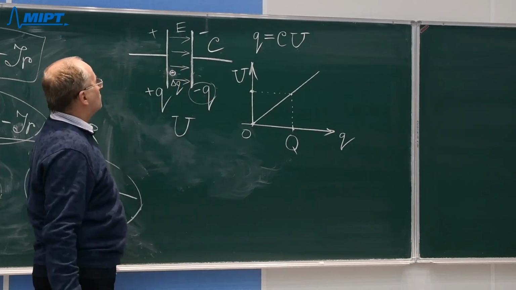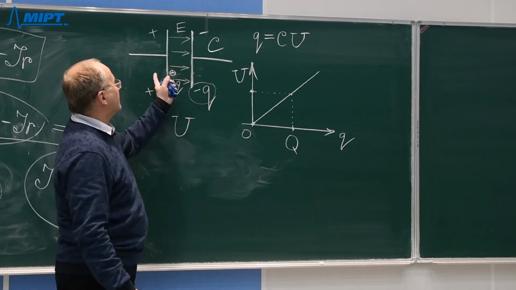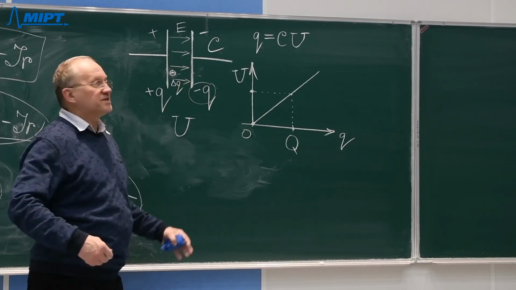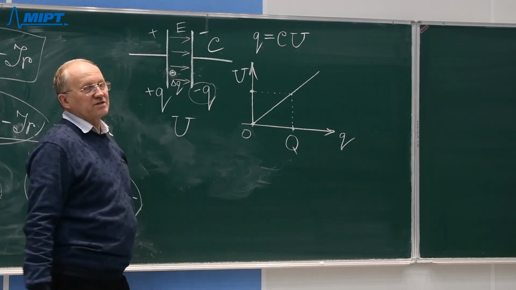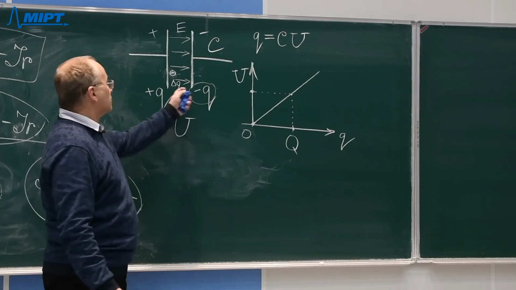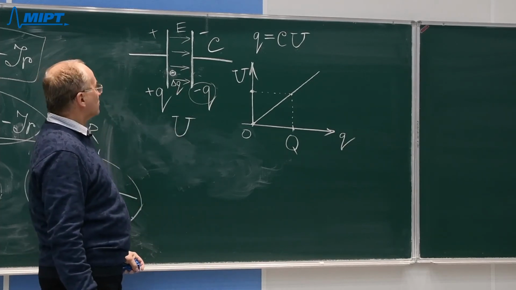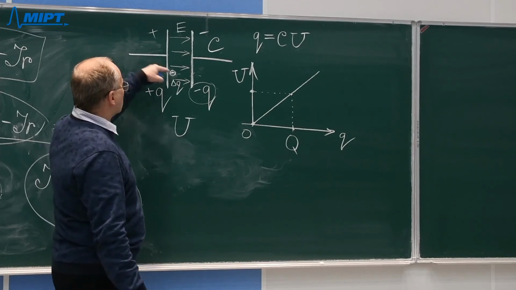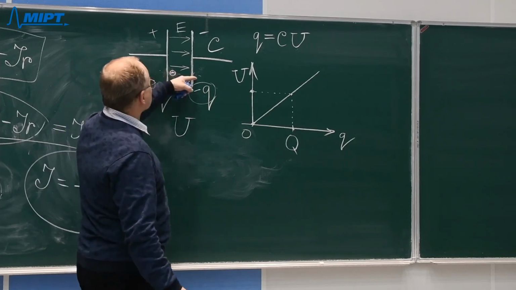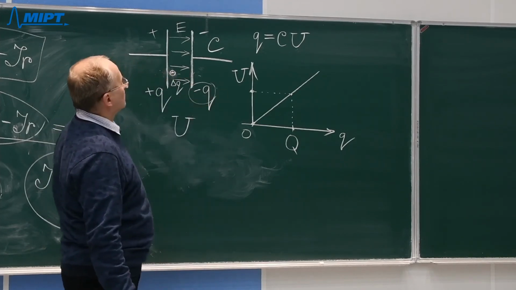If we produce work in order to increase the charge of the capacitor, it means that the energy of the capacitor will be increased. The potential energy of the capacitor will be increased by some external agent which produces this work to increase the charge of the capacitor.